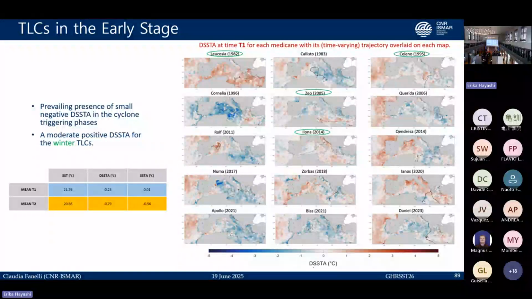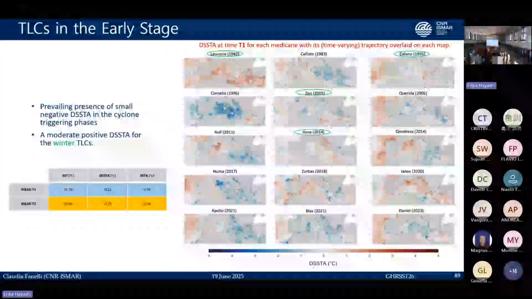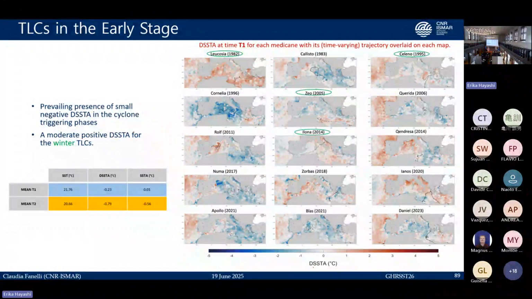You can see that at T1 we have a predominance of negative detrended SSTA in the triggering phase, with the exception of the winter cases, which you can see now, those four highlighted in green. And also, as you can see from the table, the mean of the detrended SST anomaly at the starting of the medicanes is minus 0.79. So we have a clear majority of negative detrended SSTA.